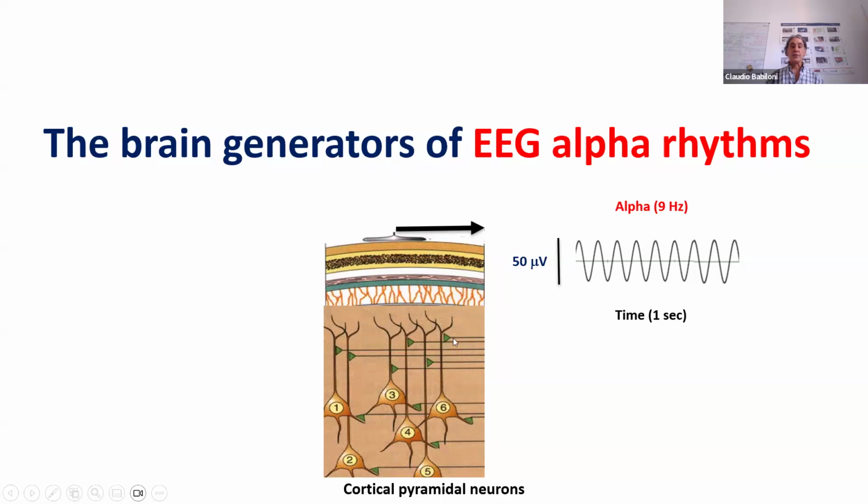In the picture, you can also see axons and the axon terminals, the green triangles, which establish synaptic contacts with the main dendrites.